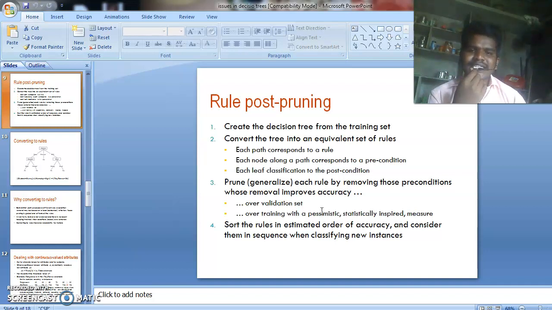Each path corresponds to one rule, and each node along a path corresponds to a precondition.